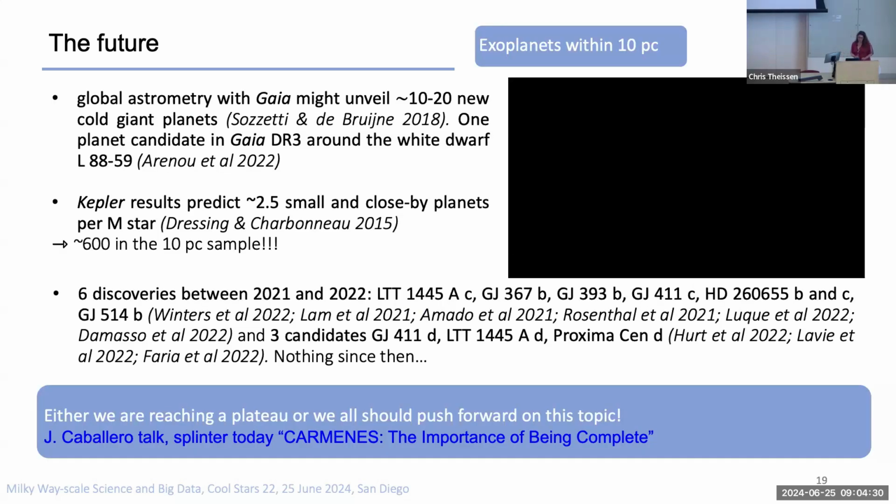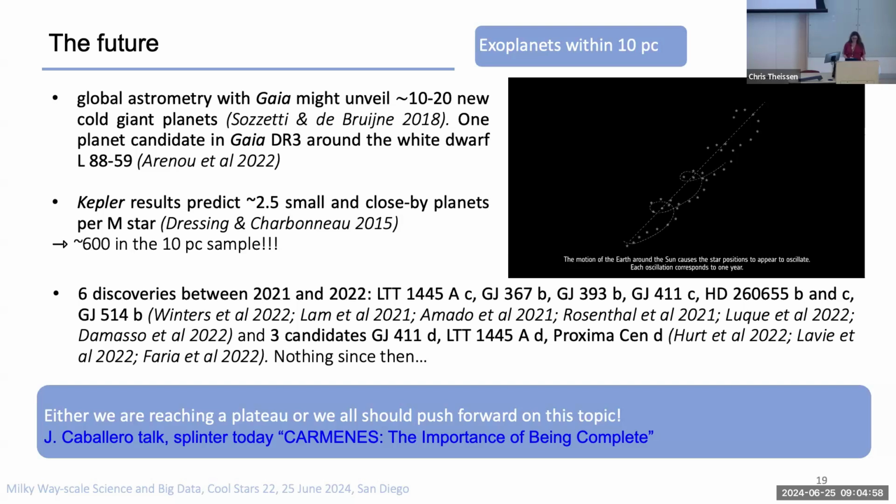Focus on exoplanets. First, Gaia: we expect from Gaia to find 10 to 20 new cold giant planets from the perturbation of the orbit of the host star by the planets. And if we believe Kepler results, we should have 2 to 3 small and close-by planets per M star, which results in about 600 exoplanets in the 10 parsec sample.